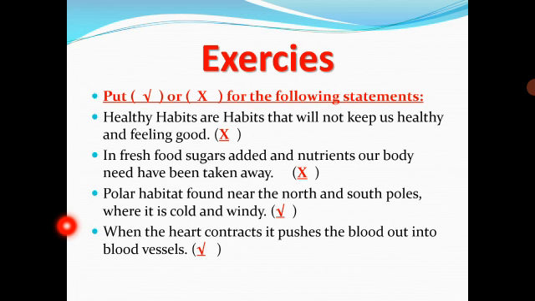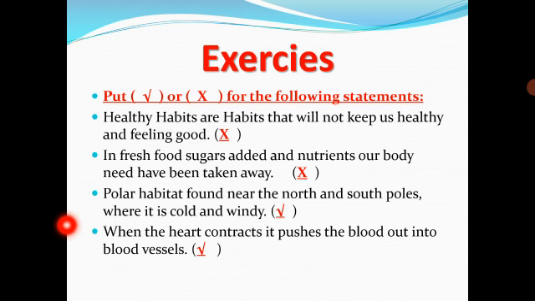Number two, in fresh food, sugars are added and nutrients our body needs have been taken away. No, wrong. In processed food, sugars are added. Excellent. Polar habitat is found near the North and South Poles where it's cold and windy.